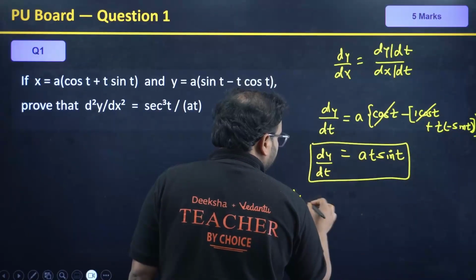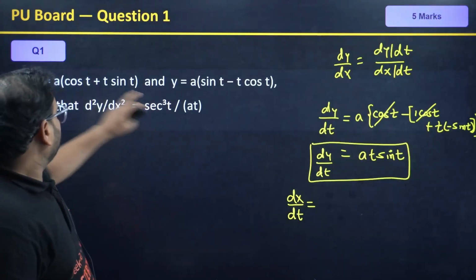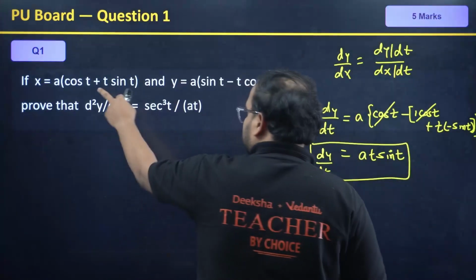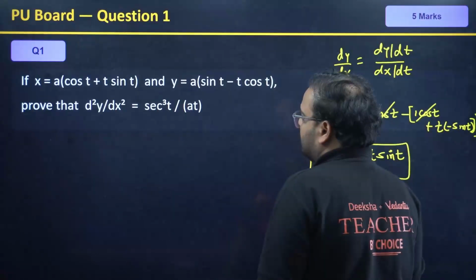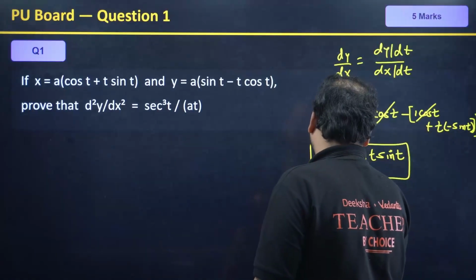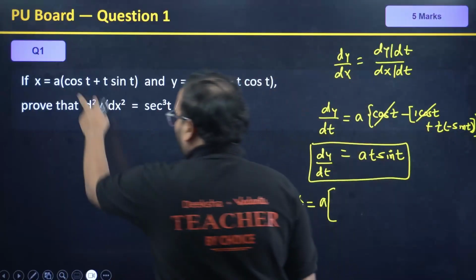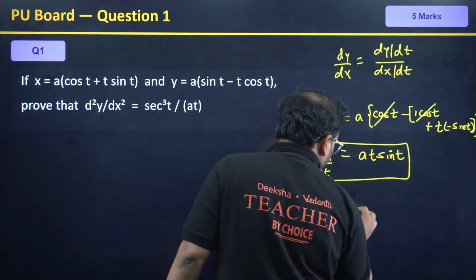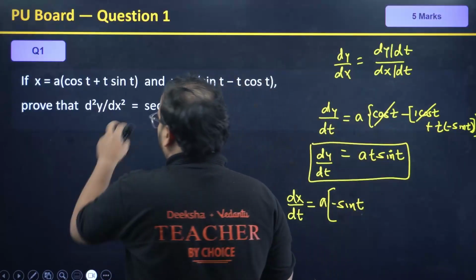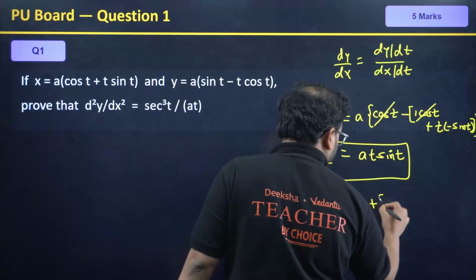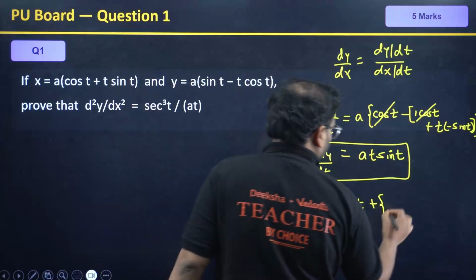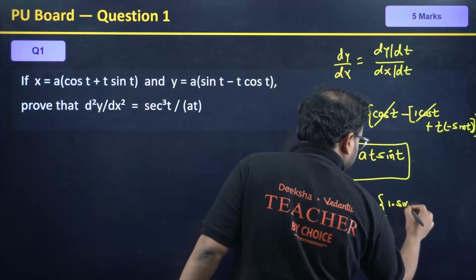Let's go and find dx by dt now. So x is over here. Differentiate this part. You'll end up with a as it is. Cos derivative will be minus sin t. Plus, there is a plus sign over here. Differentiate this t. You'll have 1 times sin t as it is.